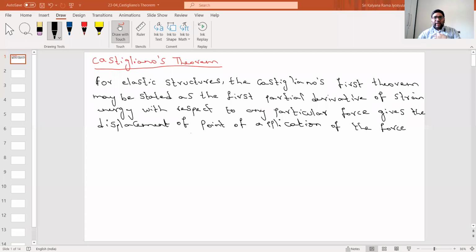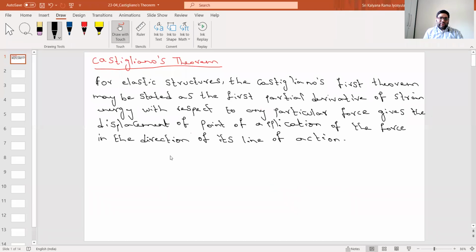So in which direction? In the direction of its line of action. So this is a very important definition to be considered for the calculation of displacement at any given particular force and in the line of action of that force.